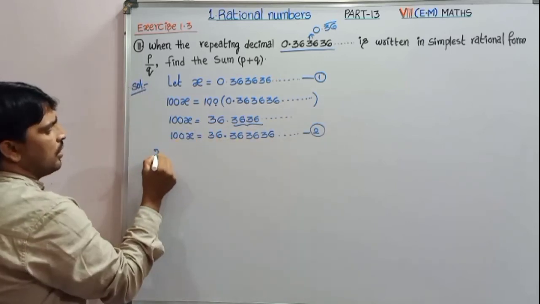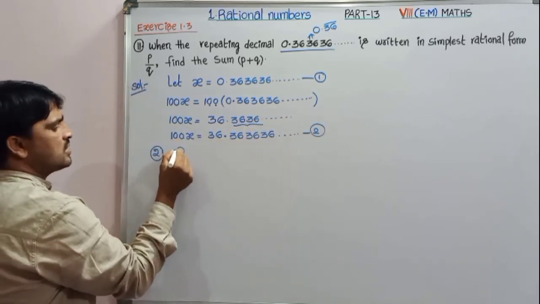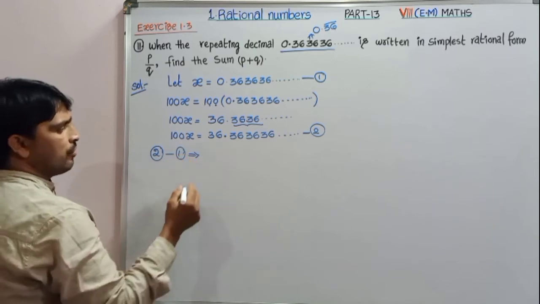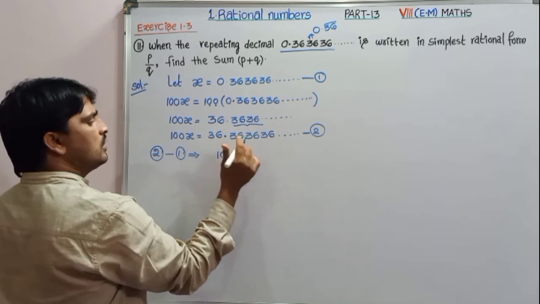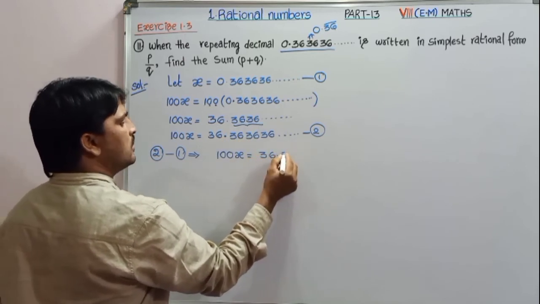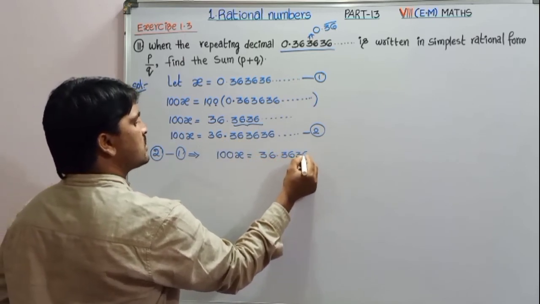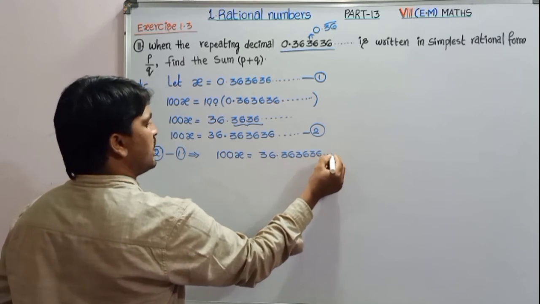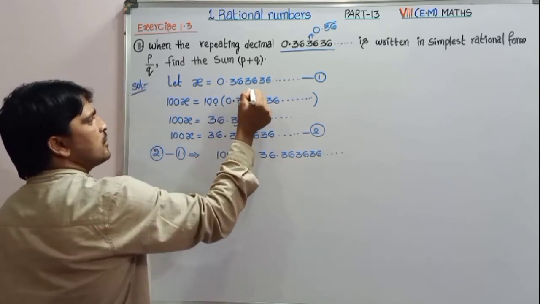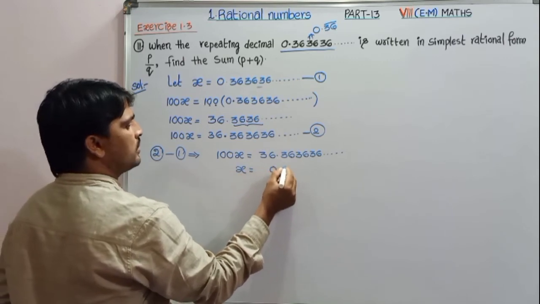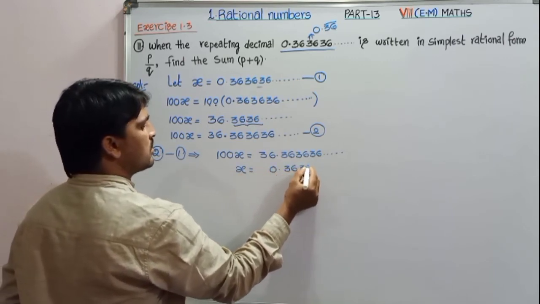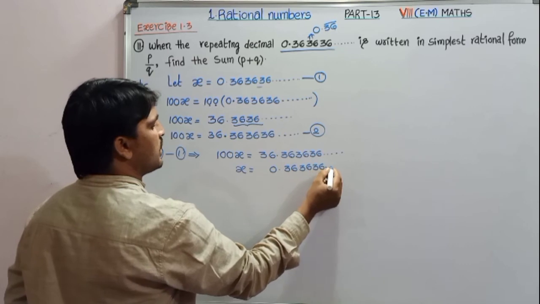Now consider equation 2 minus equation 1. What is equation 2? 100x equal 36.363636. And equation 1 is x equal 0.363636.